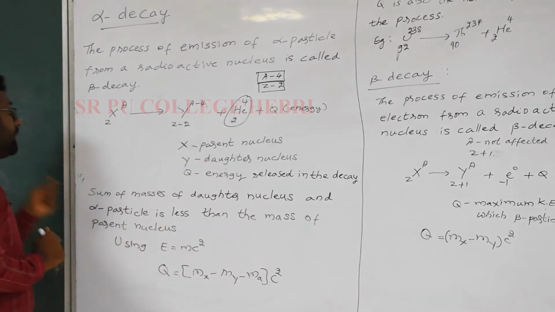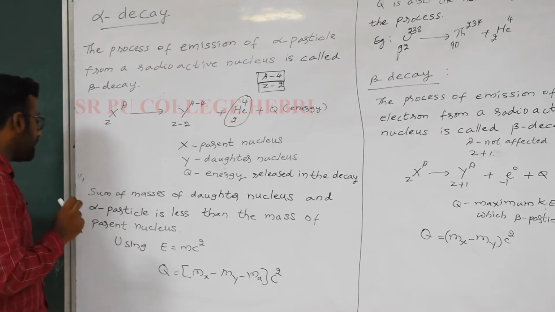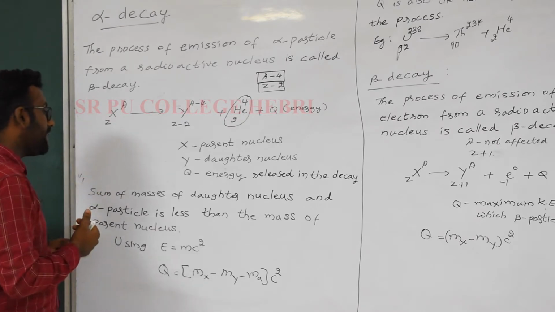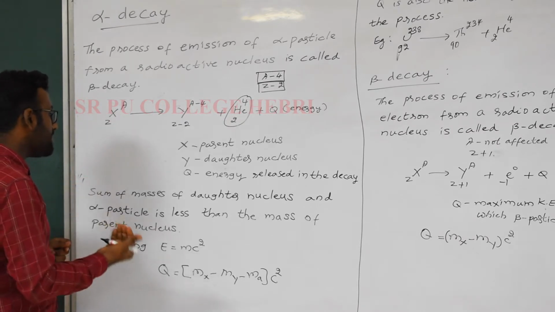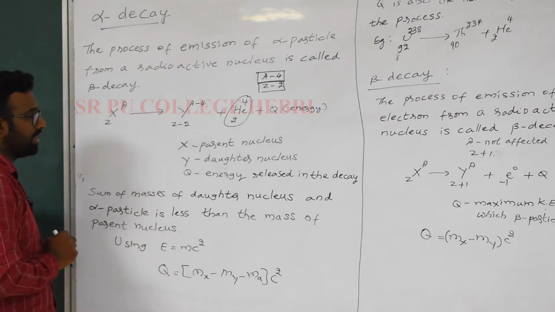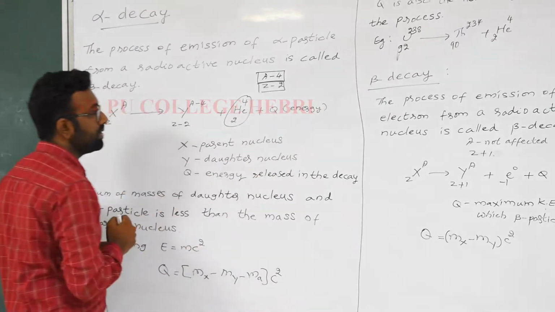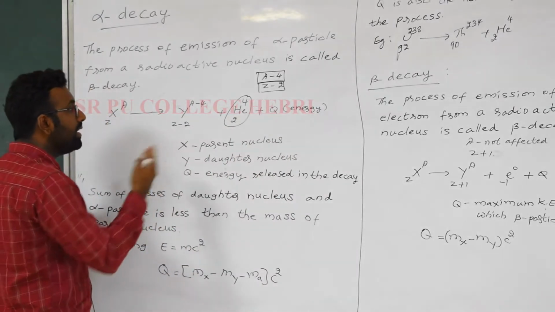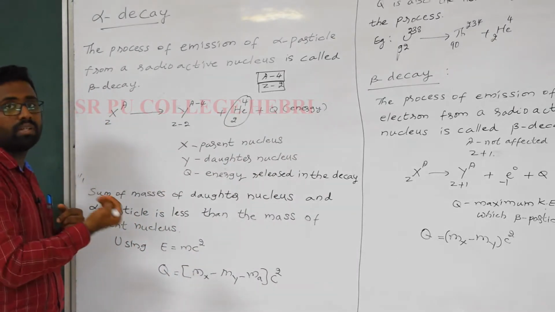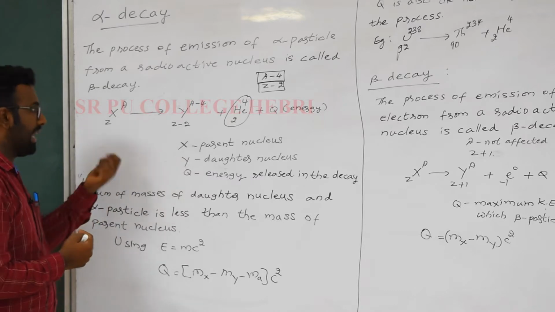The sum of the masses of the daughter nucleus and the alpha particle is less than the mass of the parent nucleus. So why is energy released? There is a mass defect in this reaction.